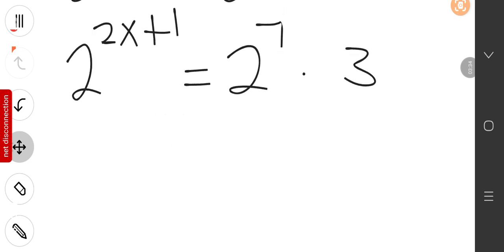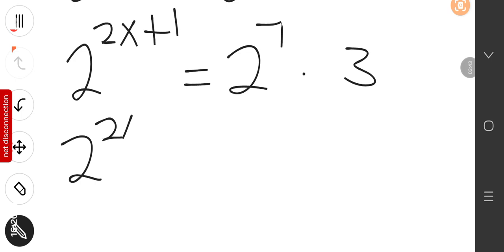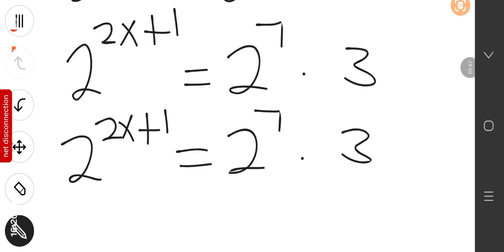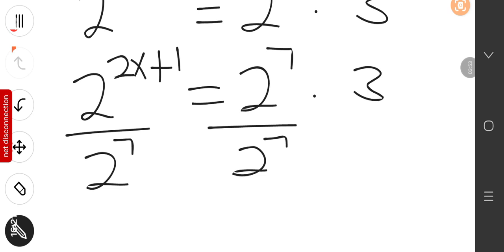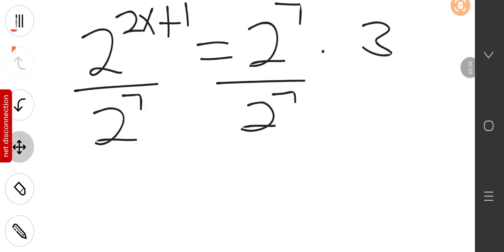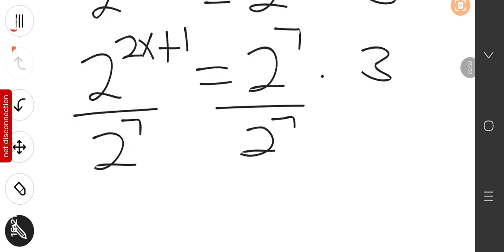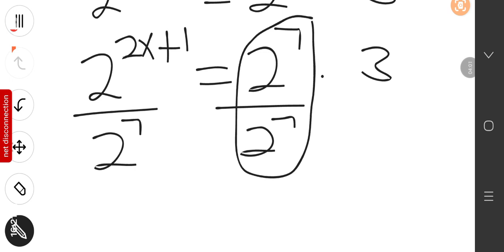All right, so we're going to divide both sides of the equation by 2 exponent 7 in order to apply the quotient rule. So we have 2 exponent 2x plus 1 equals 2 exponent 7 times 3, so we divide here by 2 exponent 7, here by 2 exponent 7. All right, so you can apply the quotient rule here. You get 2 raised to the power 0, and that is 1.